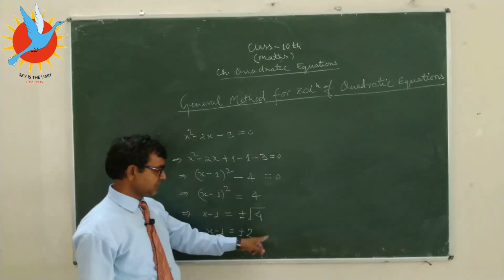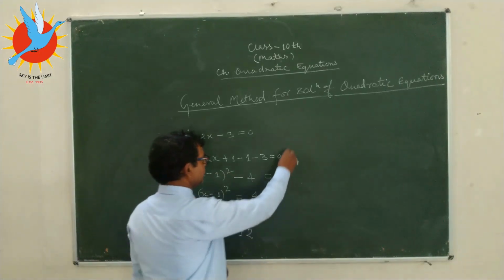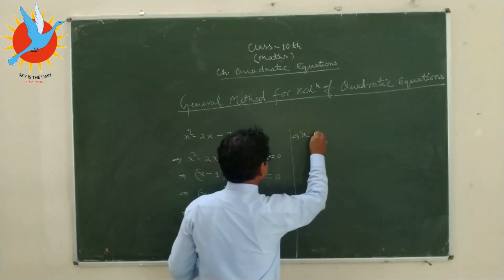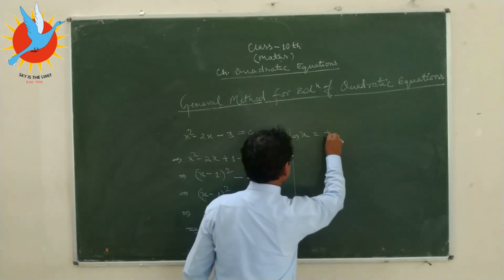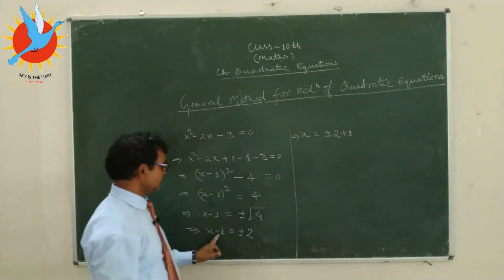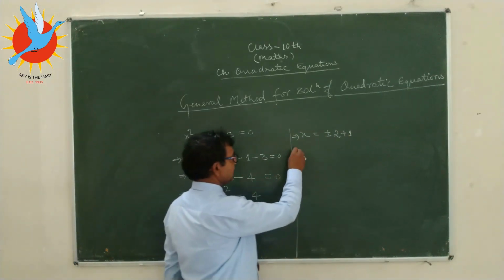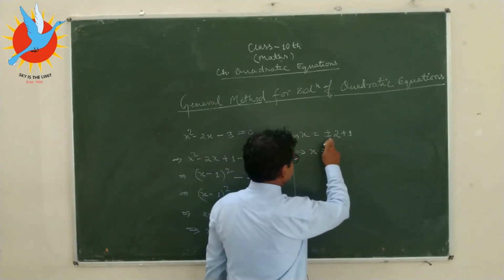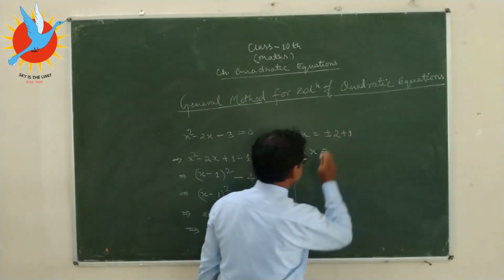Now transfer this to the right hand side. We have x equal to plus minus 2 plus 1. This minus becomes plus 1. This is x equal to plus minus 2 plus 1.